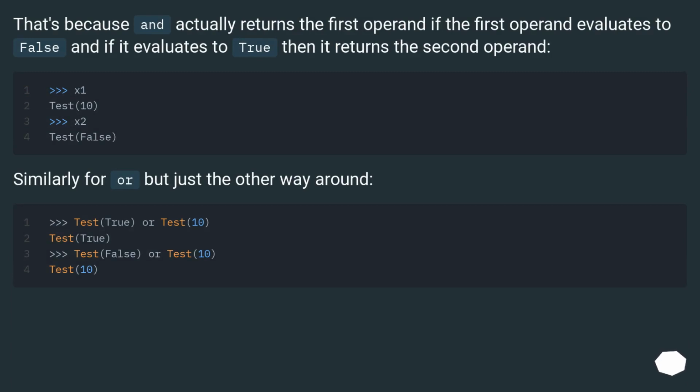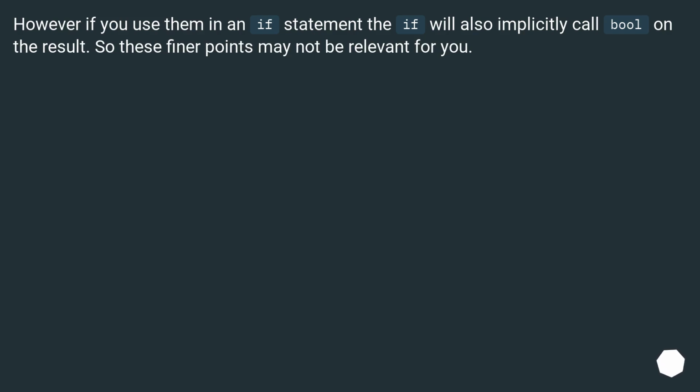That's because and actually returns the first operand if the first operand evaluates to False, and if it evaluates to True then it returns the second operand. Similarly for or, but just the other way around. However, if you use them in an if statement, the if will also implicitly call bool on the result. So these finer points may not be relevant for you.